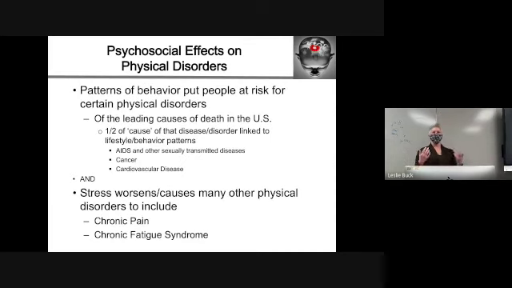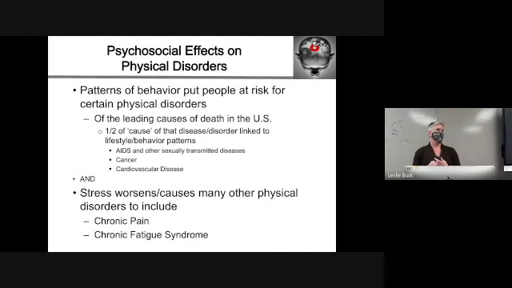So we know that these patterns of behavior put people at risk. About half of the cause of some of these disorders, like sexually transmitted diseases, cancer, and cardiovascular disease, is behavior, right? So unprotected sex.